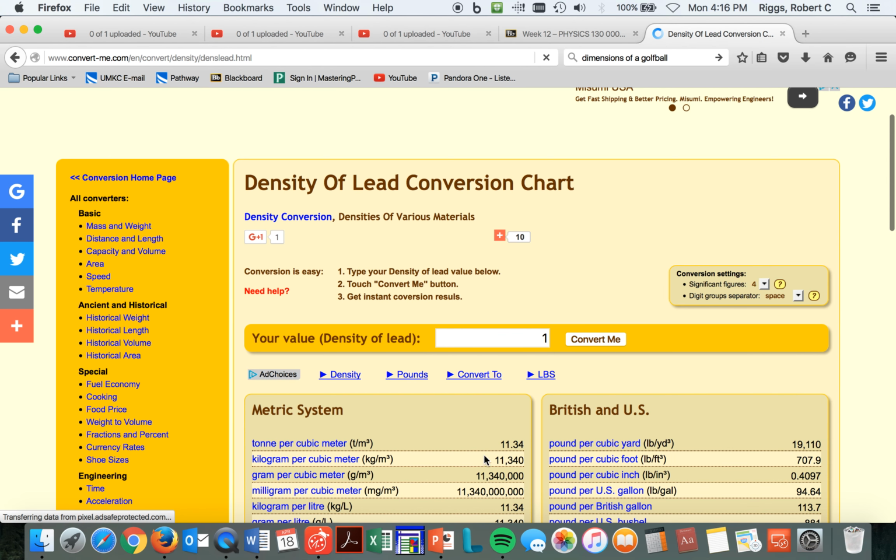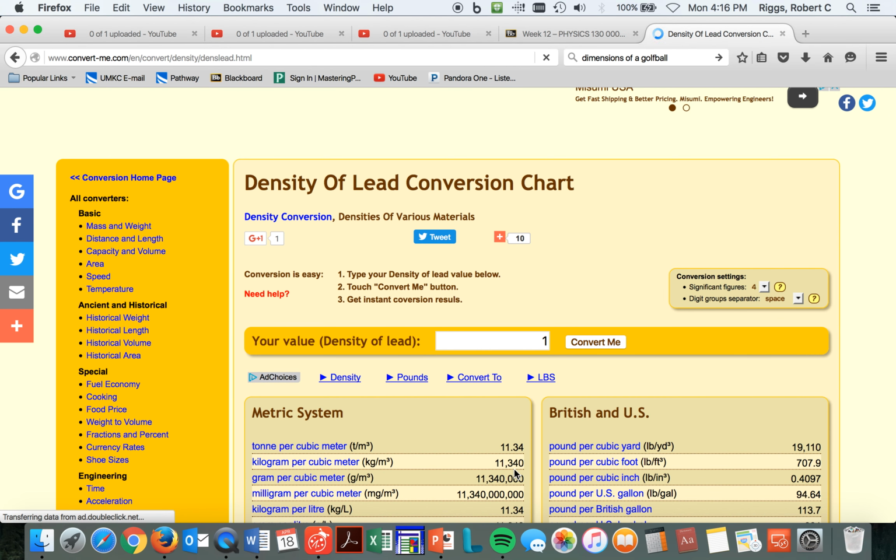Oh, there it is. It's 11,340. They were putting all that brass with it, or copper with it to make brass. It's 11,340. So your lead balloon.